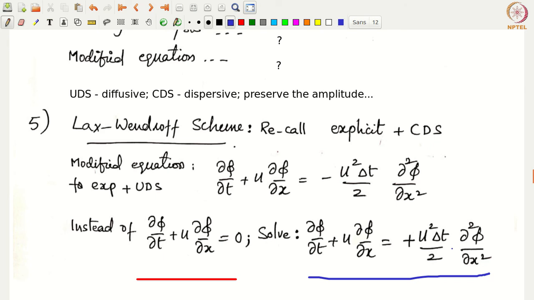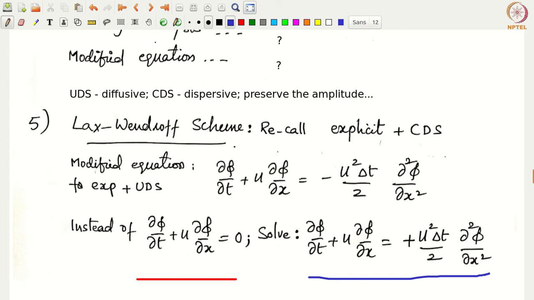So this is changing the problem. You are asked to solve a 1D wave equation, and instead you will not solve it because you want to work with the explicit central difference scheme. You will solve a different equation with something else on the right hand side, which would have better behavior. That is what Lax and Wendroff proposed, and that's what the Lax-Wendroff scheme is, applied to the 1D wave equation.